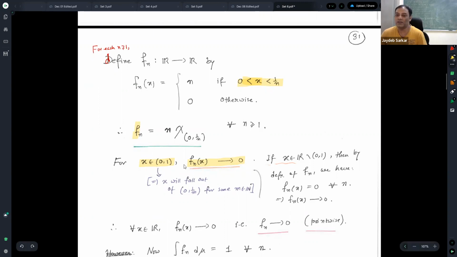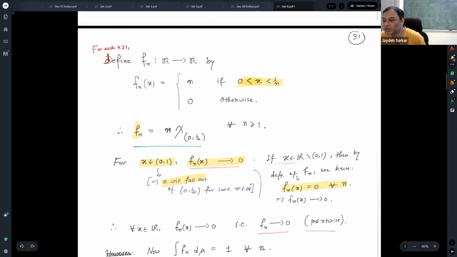If x is in 0 and 1, then x will fall outside of 0, 1 over m for some m in N. That means you are going to find a subinterval 0 to 1 over m such that x will be larger than 1 over m, correct? And if x is larger than 1 over m, the definition will tell you that afterwards it's going to be 0.